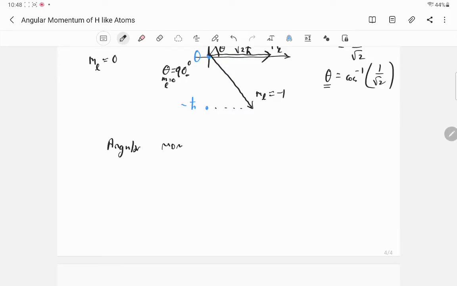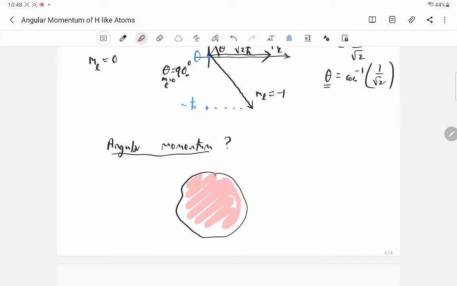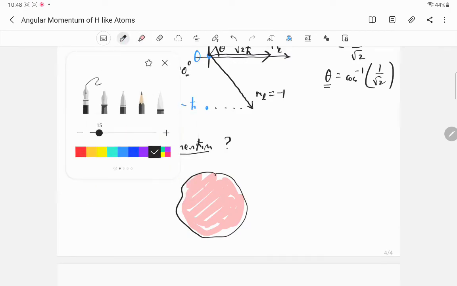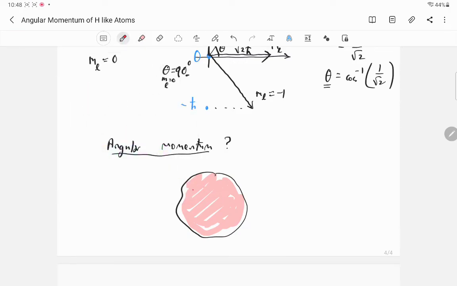And this is the last topic of this video. Let's think about this for a second. Let's say that I've got an atom, right? So here's my atom. And let's say that its overall electron swirl is this way, right? So that means that m_l, for example, is definitely, say, going to be positive, right?